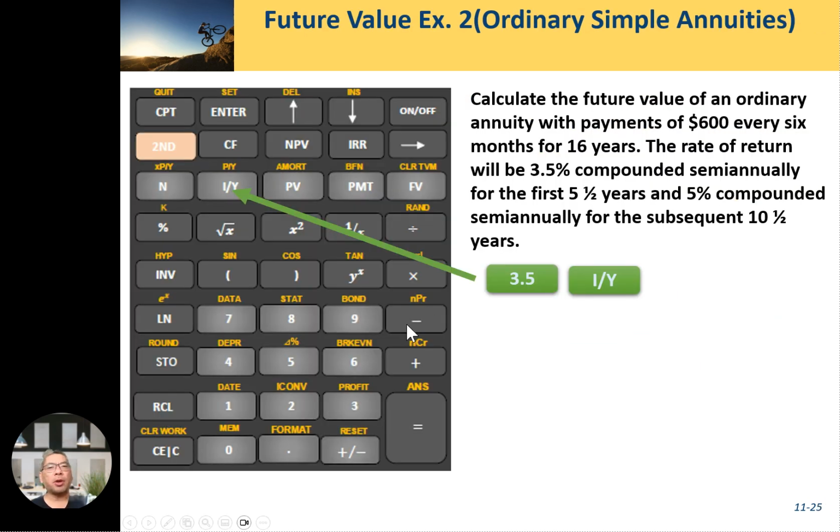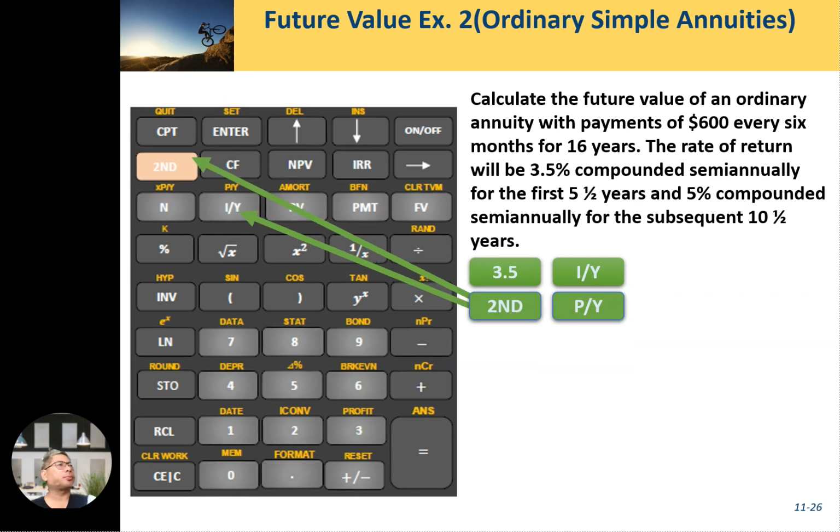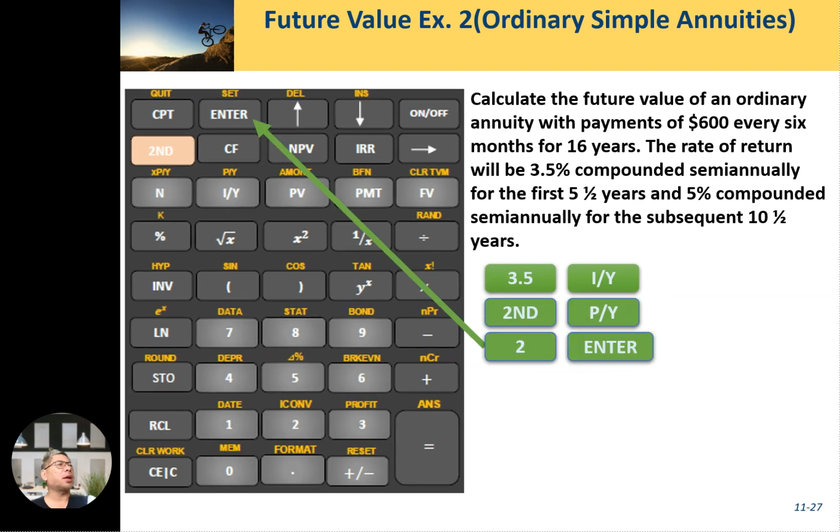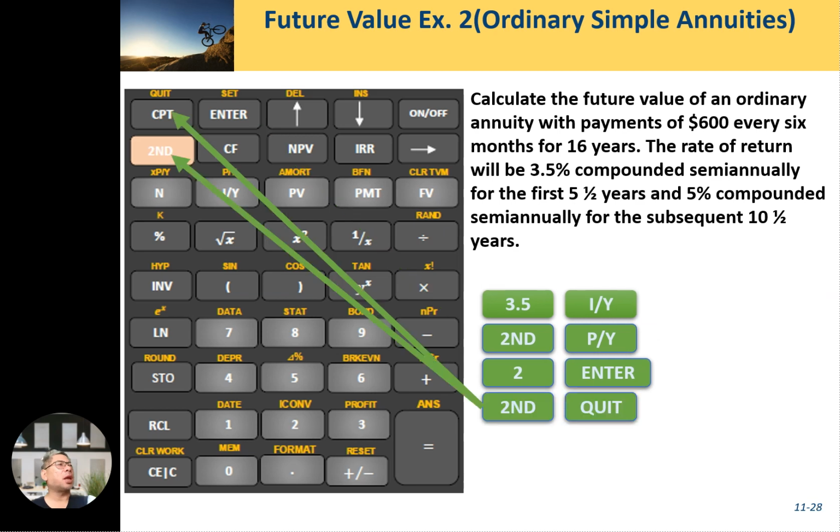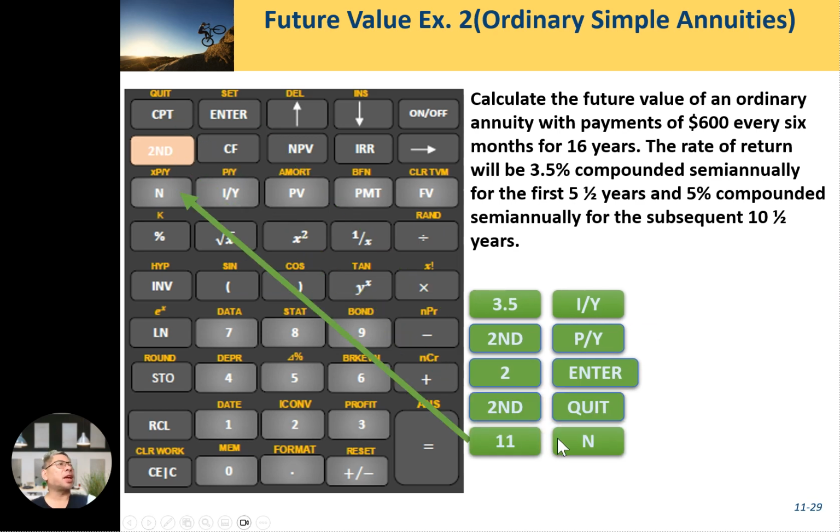So when you calculate this number, you use a calculator. 3.5 EY, second PY, 2 enter, because it's semi-annual, and then second quit, and then 11 enter. Why does the 11 come in? This is 5.5 times 2 years.